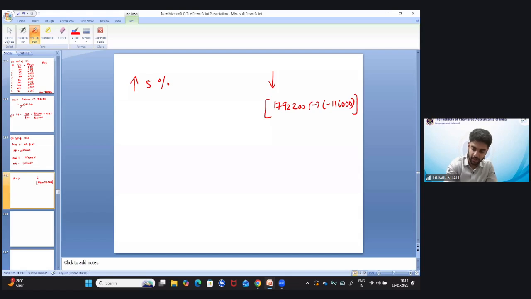So it fell by, oh, Harsh has directly calculated IRR. So let's see whether Harsh's 14.69% is correct or not.